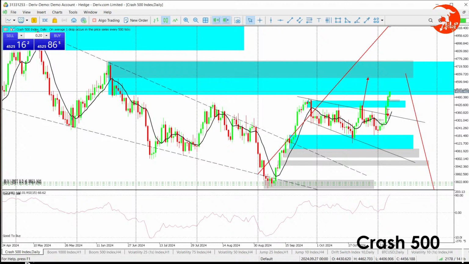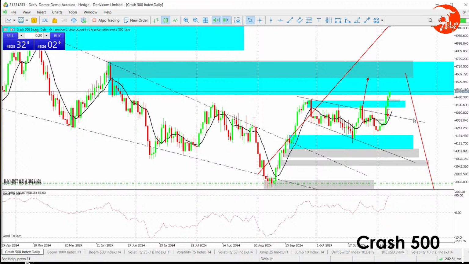We have broken out of that resistance level that was holding for so long. It is the same here, even on the other side. We have been there for so long, and now we are clearly seeing buys have started.